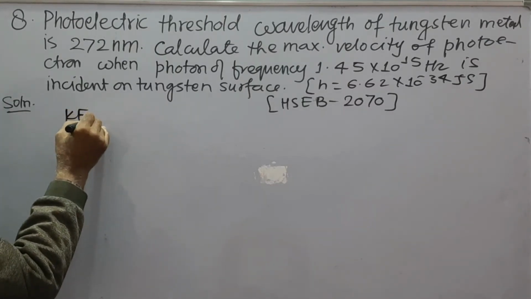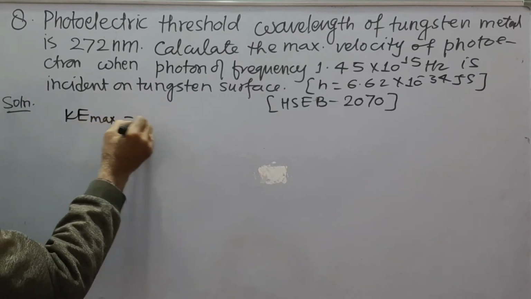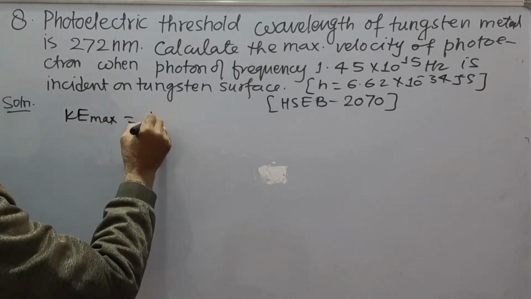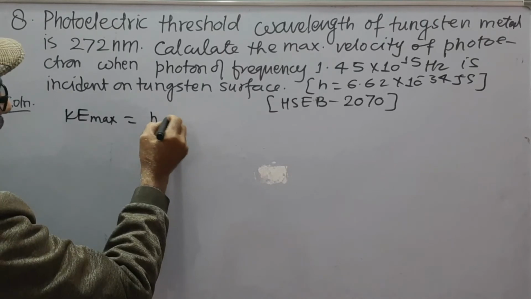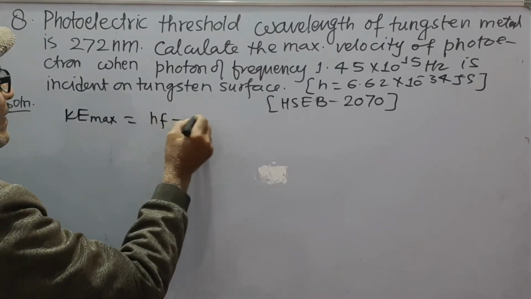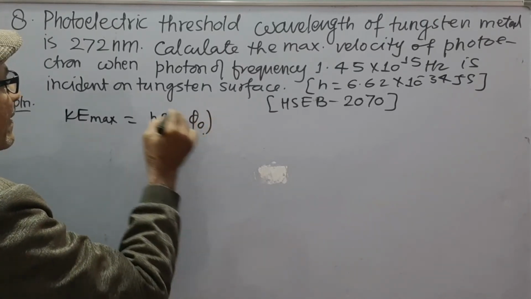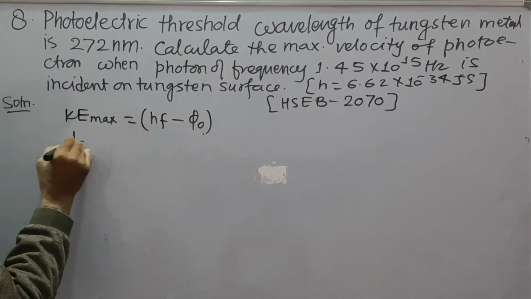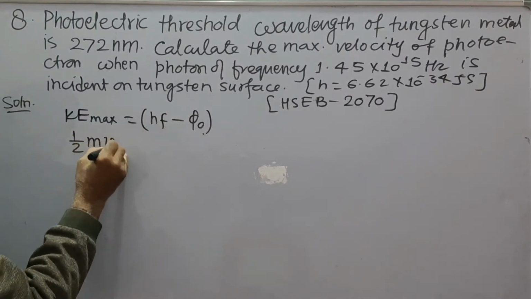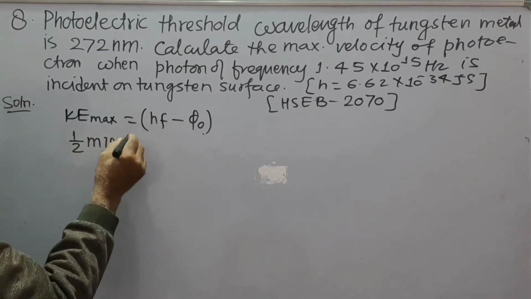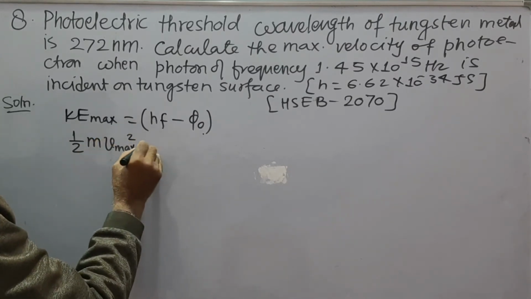K max is equal to h f minus phi naught. K max may be written as 1 by 2 m v max square, the maximum kinetic energy of photoelectron.